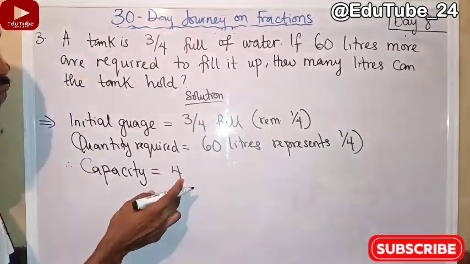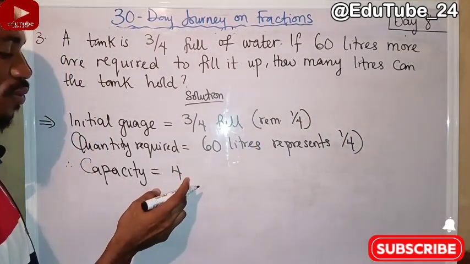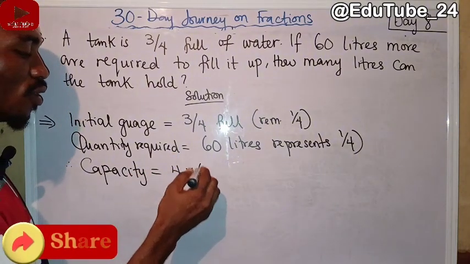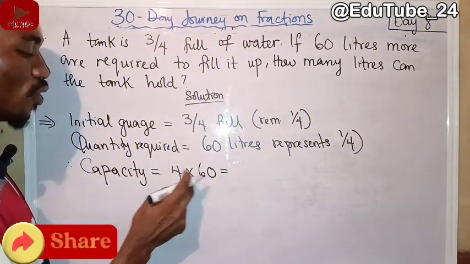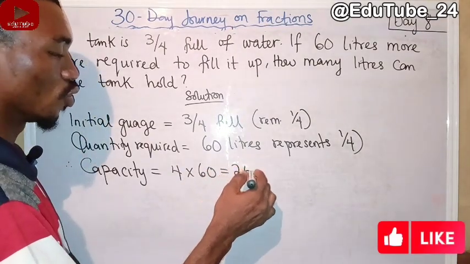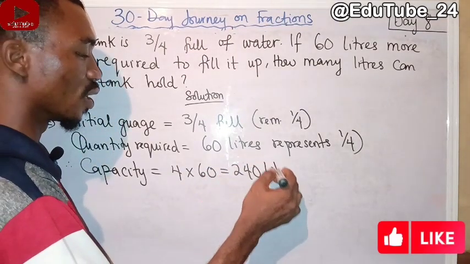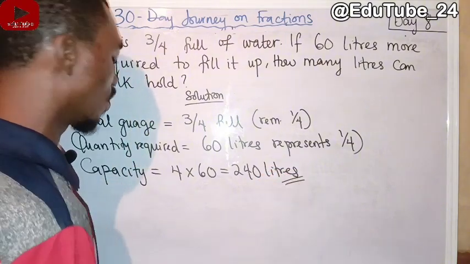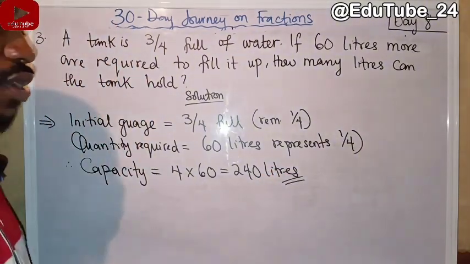Writing 4 over 1 is unnecessary, because 4 over 1 will still give us 4. So 4 times 60, 4 times 6 gives us 24, so 4 times 60 will give us 240 liters. So 240 liters is the capacity of the tank.